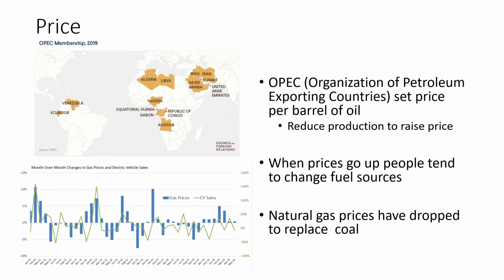Another thing about price is that natural gas has gotten really cheap, and so it's replacing coal. It's a lot cheaper to operate a natural gas electricity plant than a coal-burning one. I mean, just the overhead of workers in a coal plant.